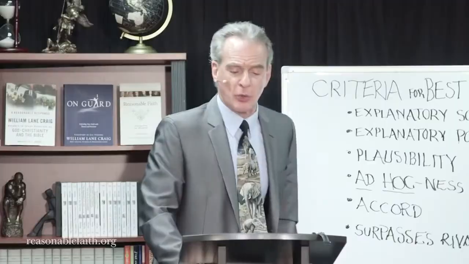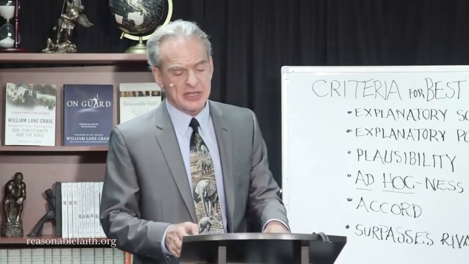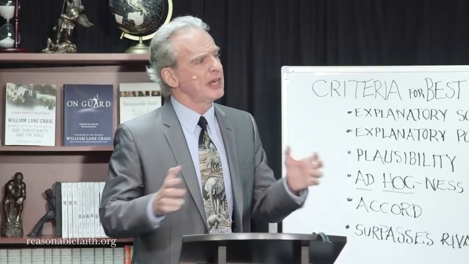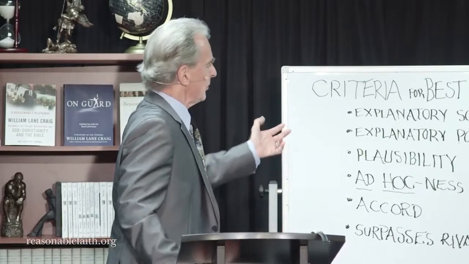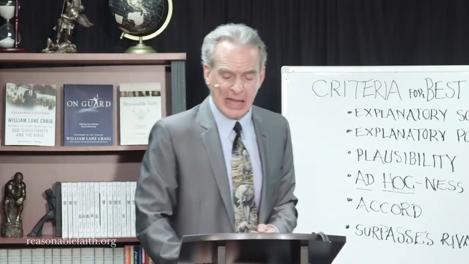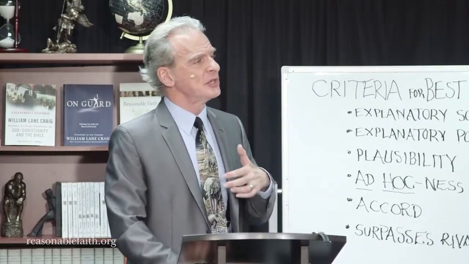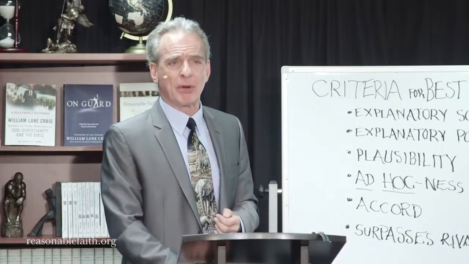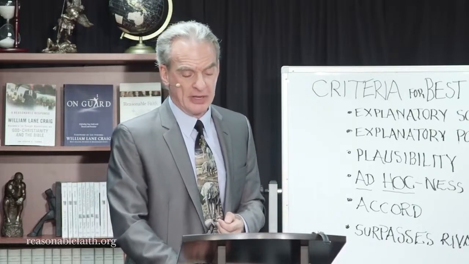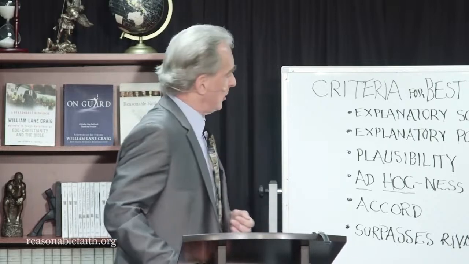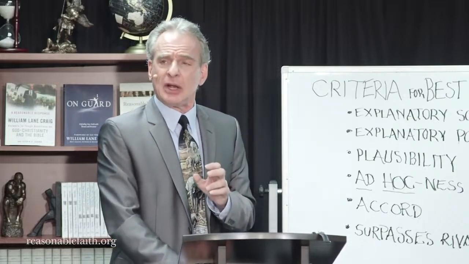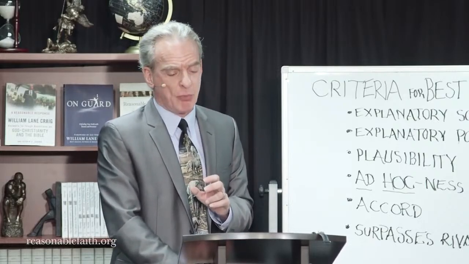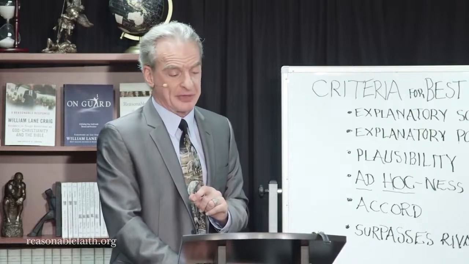And these include things like explanatory scope. That is to say, does the hypothesis explain a wider range of data than rival hypotheses? Second would be explanatory power. Does the hypothesis render the evidence more probable than explanatory alternatives? Thirdly would be plausibility. Is the proposed explanation more plausible than rival hypotheses?